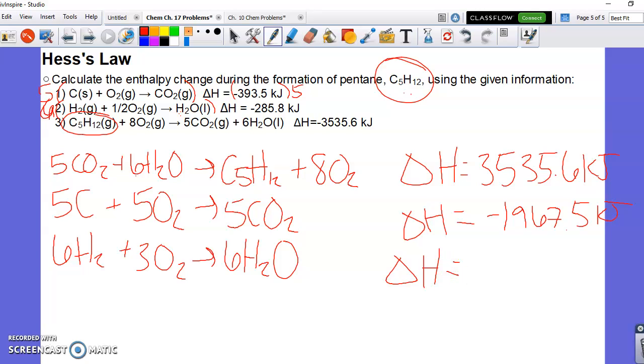And again, whatever I did to my equation, I have to do to my enthalpy change. So I'm going to multiply it by 6, negative 285.8 kilojoules times 6 gives me negative 1,714.8.